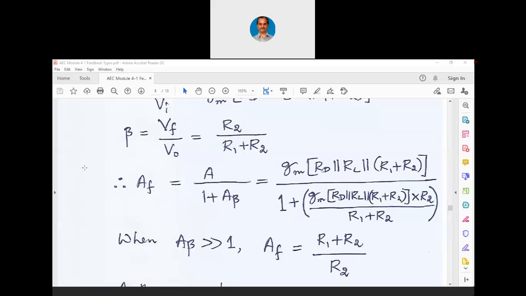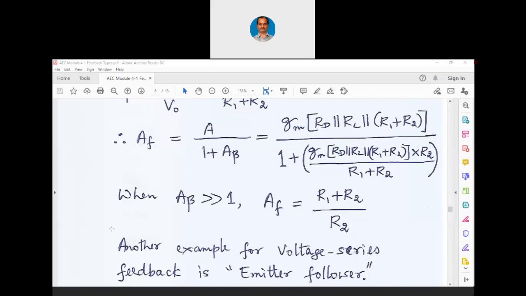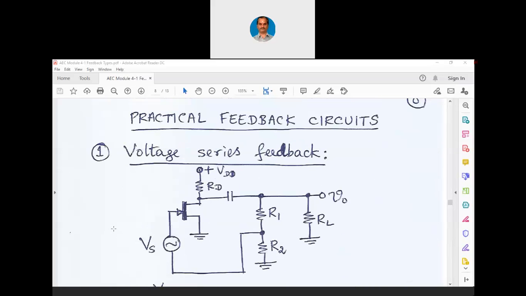That way AF is equal to R1 plus R2 divided by R2, provided A beta is much larger than 1. This is one example of the voltage series feedback, and the circuit directly indicates that the feedback voltage is in series with the input voltage, and as the feedback voltage is antiphase with the input voltage, this is a negative feedback only.